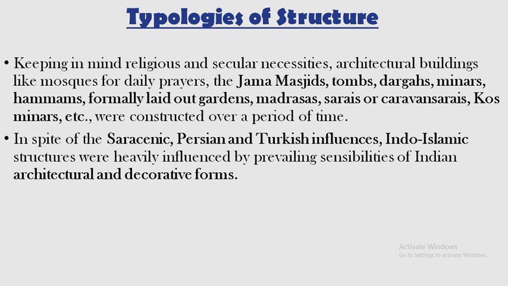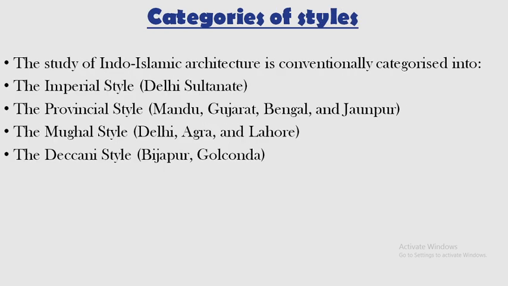In spite of the Sasanian, Persian, and Turkish influences, Indo-Islamic structures were heavily influenced by the prevailing sensibilities of Indian architectural and decorative forms.